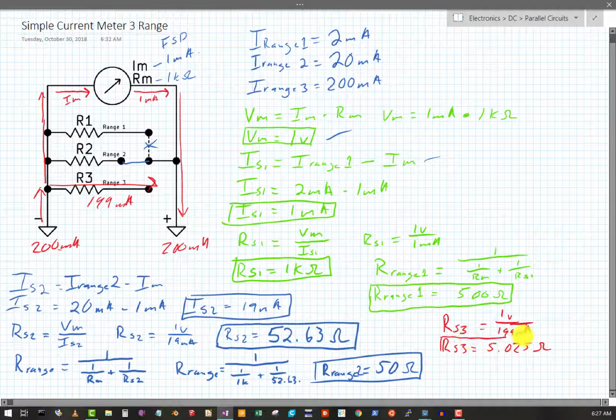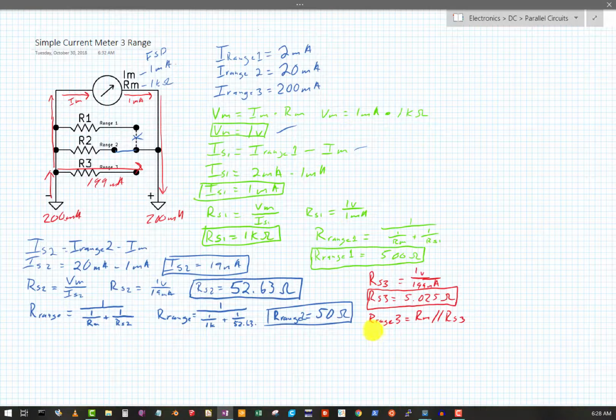Now our range resistance is going to be 5 ohms in parallel with 1k ohm. I'm going to say about 5 ohms, but I'm going to go ahead and calculate this one. So our range 3 is going to be, let's do the shorthand now, R meter in parallel with RS3.